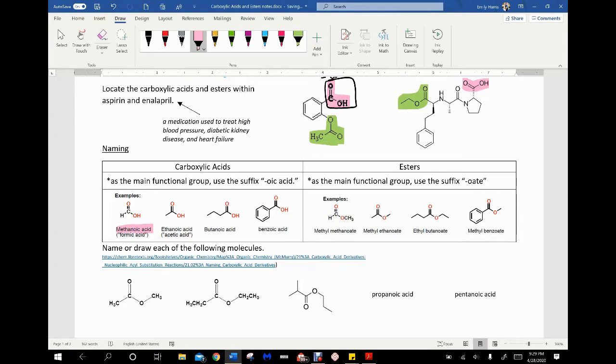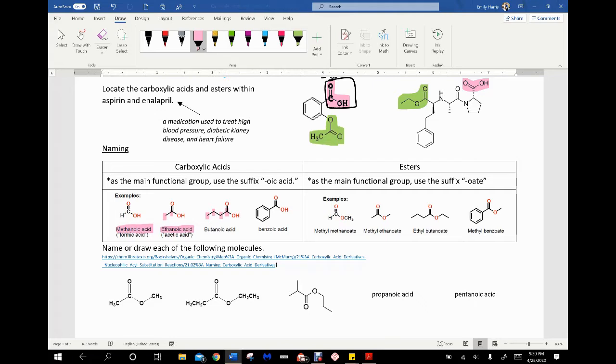You may have heard that. Ethanoic acid would have 2 carbons, and it's also called acetic acid, like your vinegar, things like that. Butanoic acid has 4 carbons, and then benzoic acid is attached to a benzene ring.